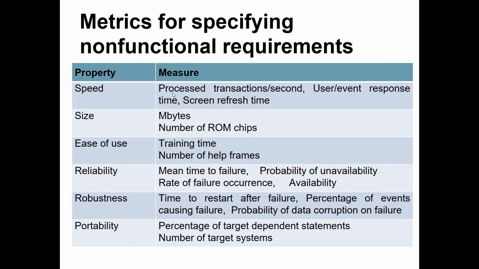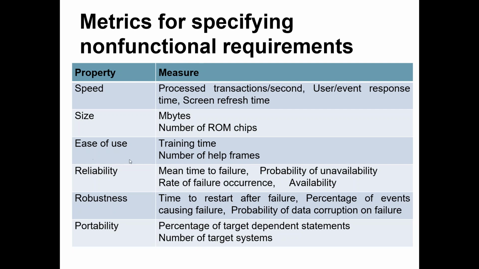Here are some metrics, and I did run through this quickly: speed, size, ease of use, reliability, robustness, portability. For all of these properties, there should be a way of measuring each of them, and the measures are listed here.